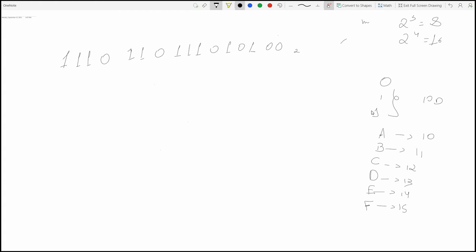Remember what I said before, we need to divide this number into parts, and each part contains 4 digits. We're always starting from right to left. Let's do it. Here, the first part will be 0 0 1 0.